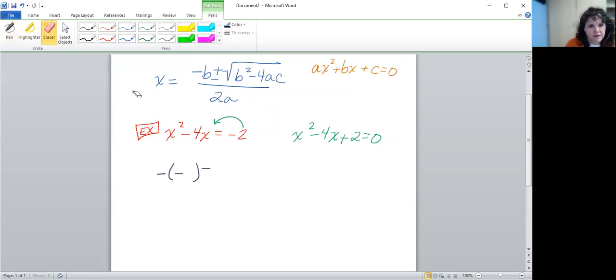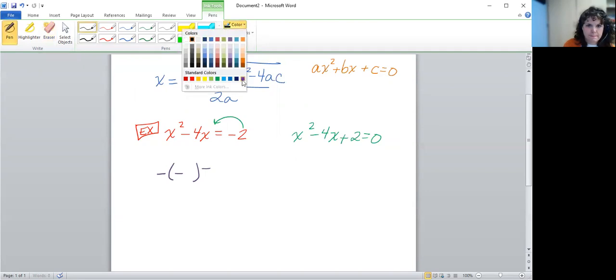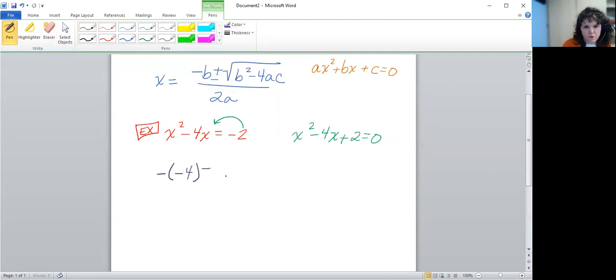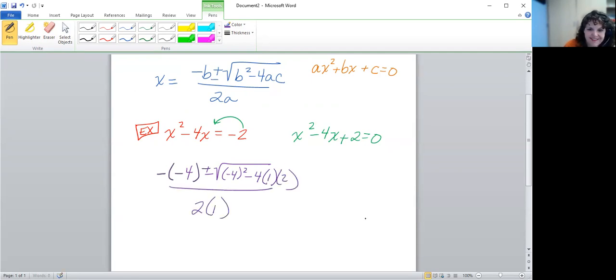The quadratic formula is negative b, and in this case, that's negative 4, plus or minus the square root of b squared minus 4ac, where my a value is 1, all over 2a.